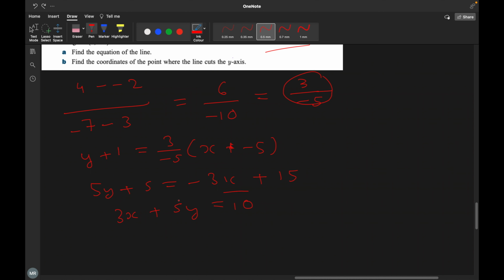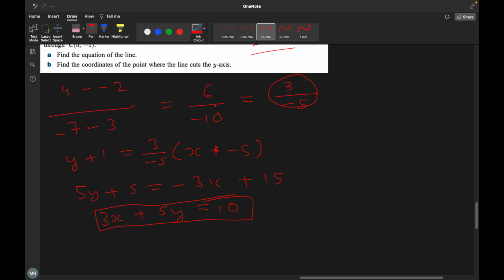Okay, so this is our equation. Okay, now we have to find where it cuts the x-axis.